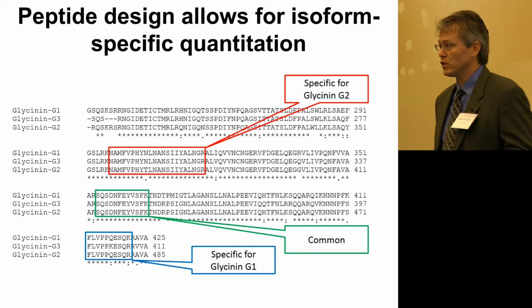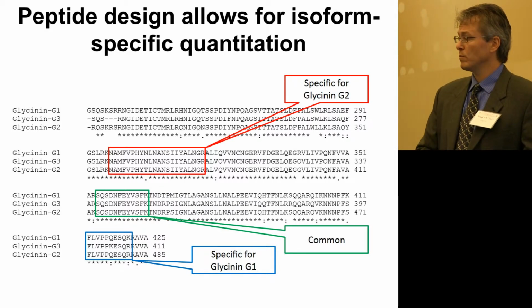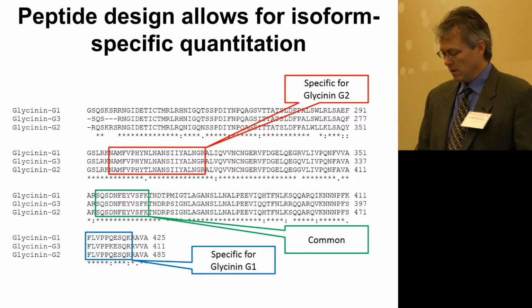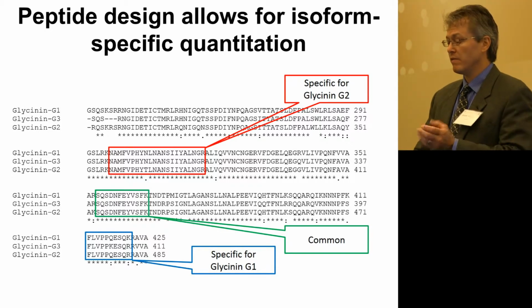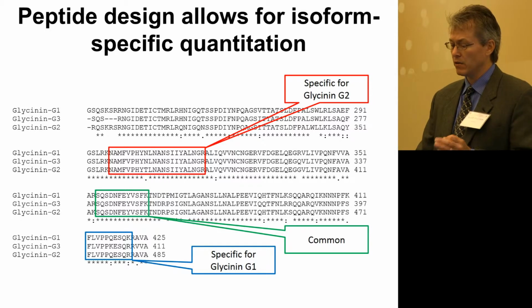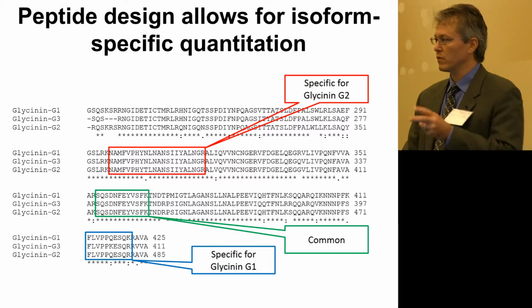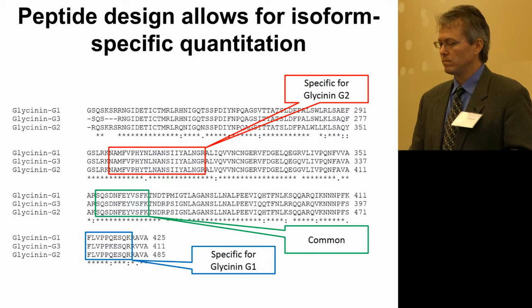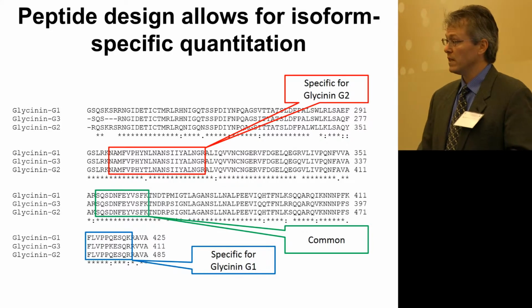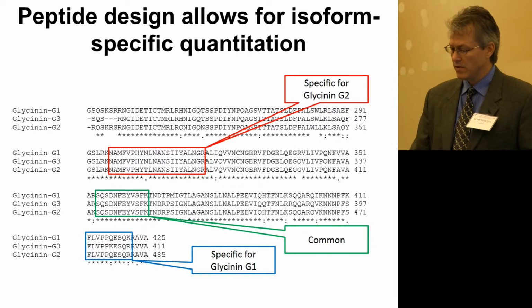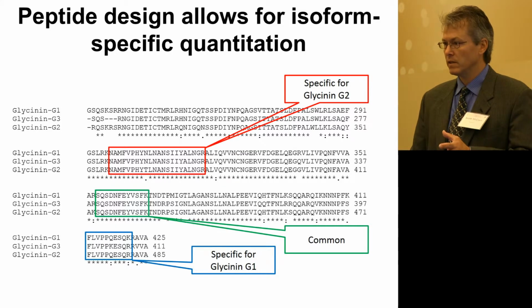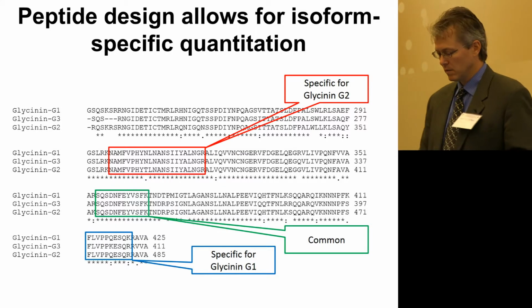So if you had that question, you were interested in certain isoforms or subunits of a mature protein, if the sequence allows for it, you can have peptides, and if they fly well and pass all those other criteria, in this case, you could look for these 2 peptides and tell somebody what the concentrations are of those and resolve them. If your goal is to ignore isoforms, in this case, there's a common one across all 3, and you would just report the value or the concentration of glycinin, G1, 2, 3 in parentheses.